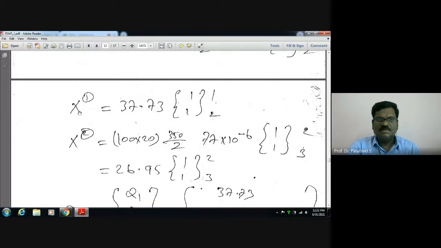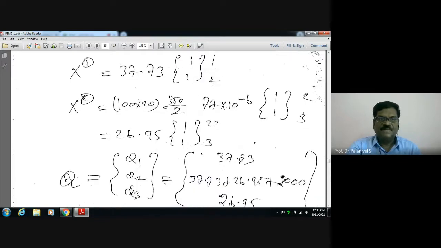This kind of problem will not come in the exam; it is just available in the notes. That's why I'm explaining. You must know the procedure. So that is the body force for element 1. Finally, we get 37.73 with degrees of freedom 1 2 written. Then the body force for the second element is equal to A into L divided by 2, because half the weight goes to each node, multiplied by the density of the material.